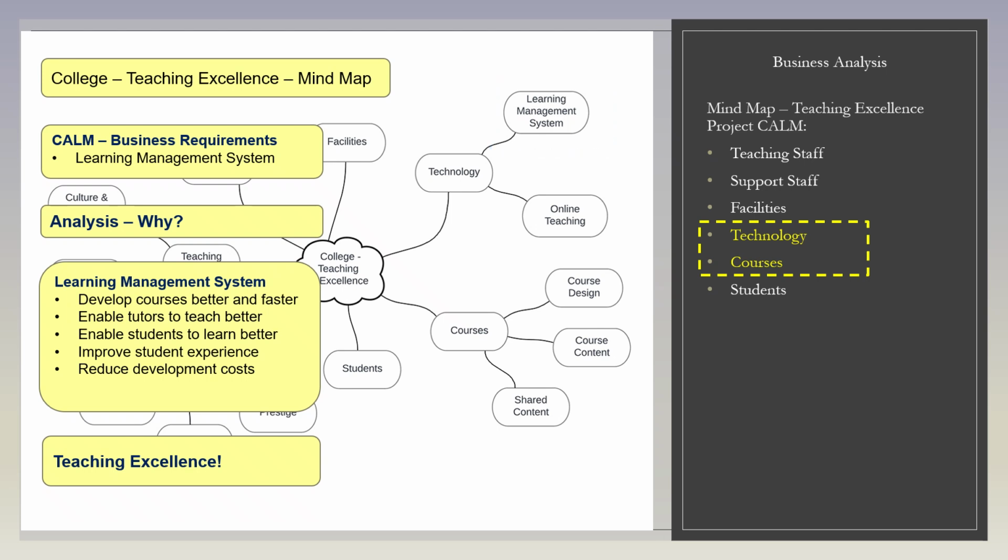Part of the job of the business analyst is to ensure that we do develop and deliver a system that will meet these business aims. And the mind map and the further analysis that we've just done has helped us to better understand those objectives and so be better placed to help the business deliver them.